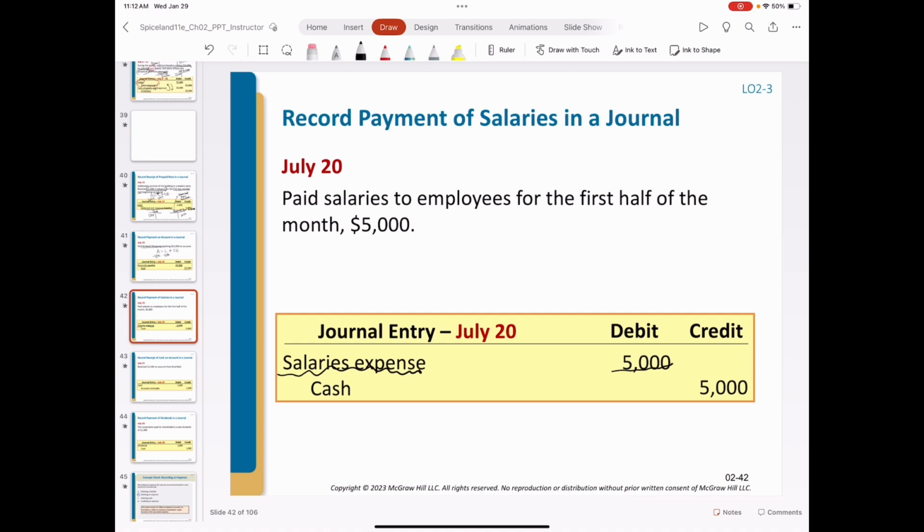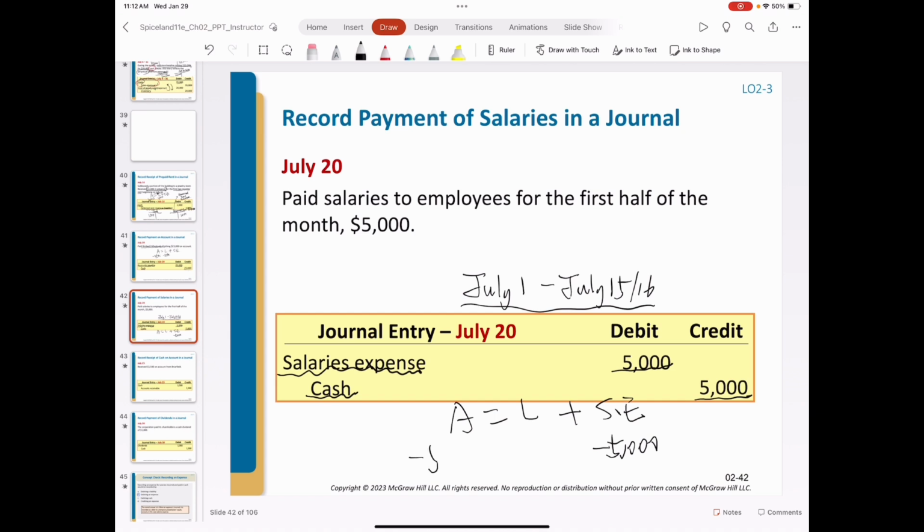This represents the expense incurred from July 1st to July 15 or 16. It doesn't matter. This represents the employee's first biweekly paycheck, $5,000. And because it is paid with cash, credit cash $5,000. The impact on the accounting equation: we will see an expense which will reduce stockholders' equity while assets reduce $5,000. The accounting equation is still balanced.